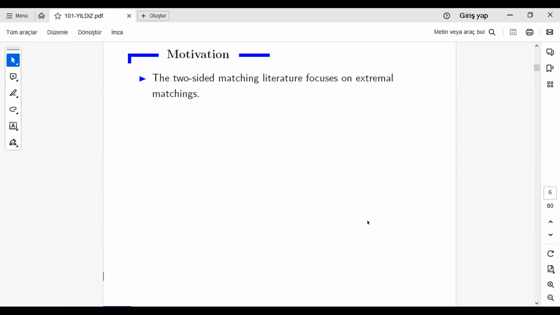Okay. Now, the motivation of this work is to delve into an exploration that is not undertaken by the matching literature, which has been very active, especially in the last 40 years, and has been given a market design Nobel Prize award.